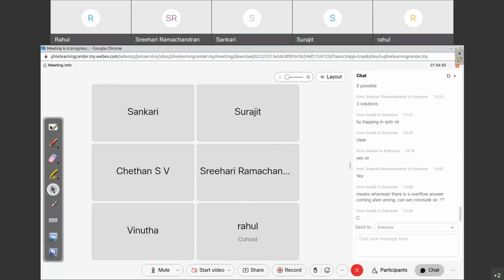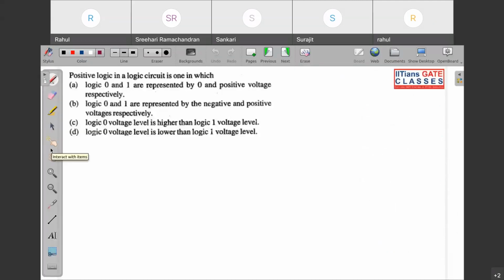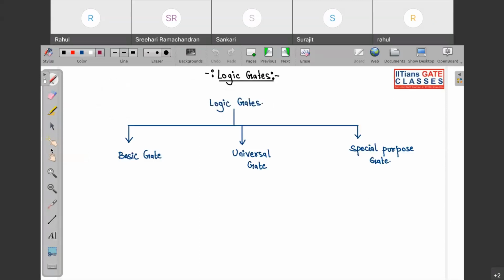Yes, C is the correct answer, Surji. Now, what is the answer for this question? Such kind of questions you are going to see, where the options might look a little bit confusing.